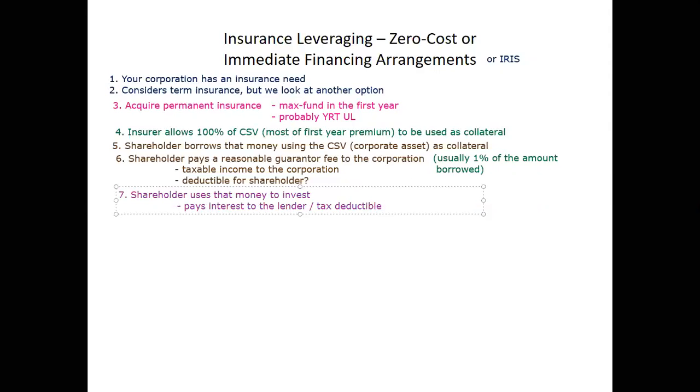Now, sometimes you're going to borrow. There's two different ways to swing this. It may be borrowed from the insurer or from the corporation. And if it's borrowed from the corporation, then really what happened is the corporation borrowed that money. So there's kind of two different ways to pull this off.